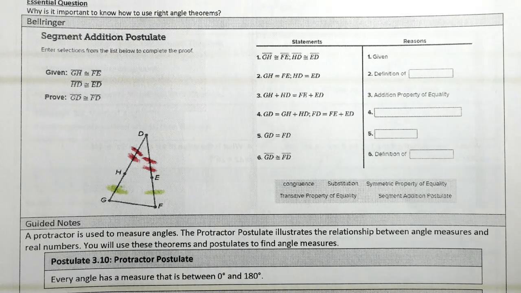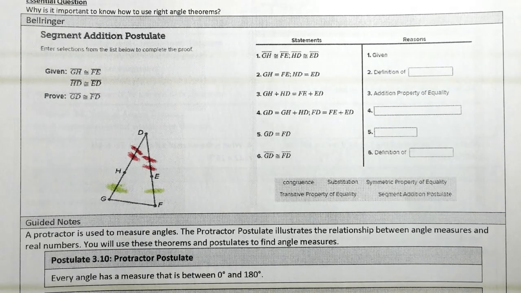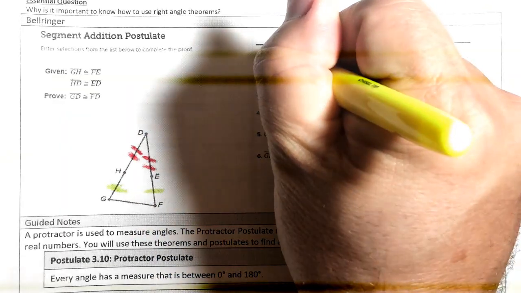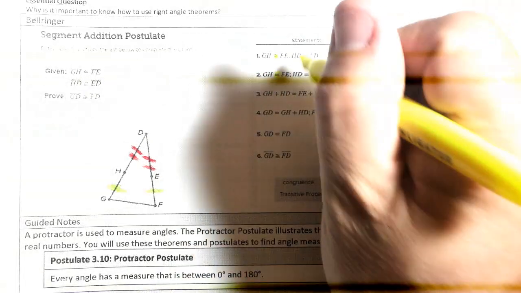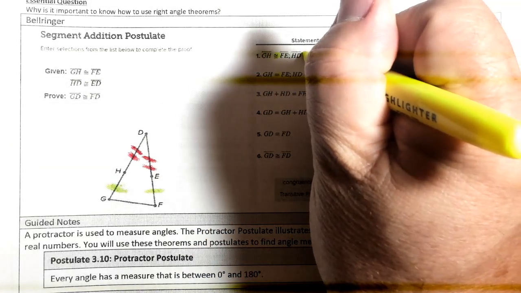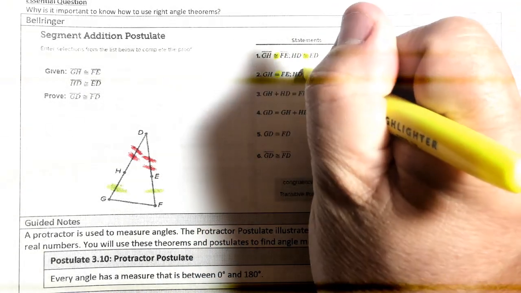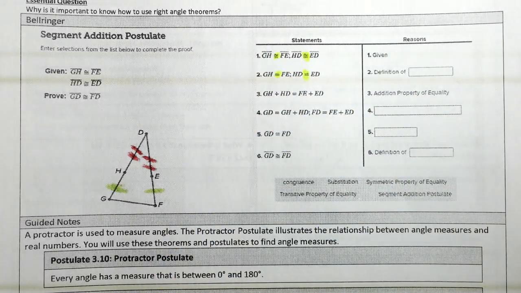So number one, GH is congruent to FE and HD is congruent to ED. And that was given. Number two, we have GH to FE is congruent, and then GH is equal to FE. HD was congruent to ED, HD is equal to ED.